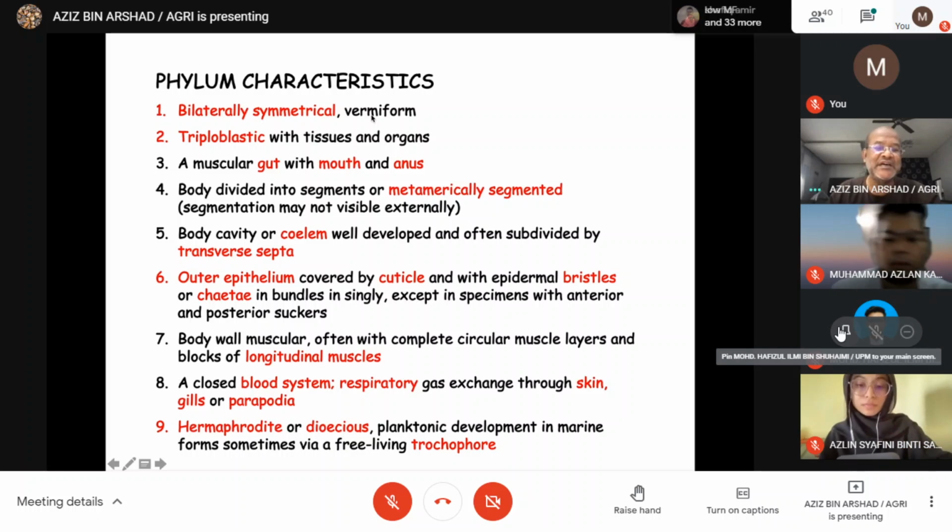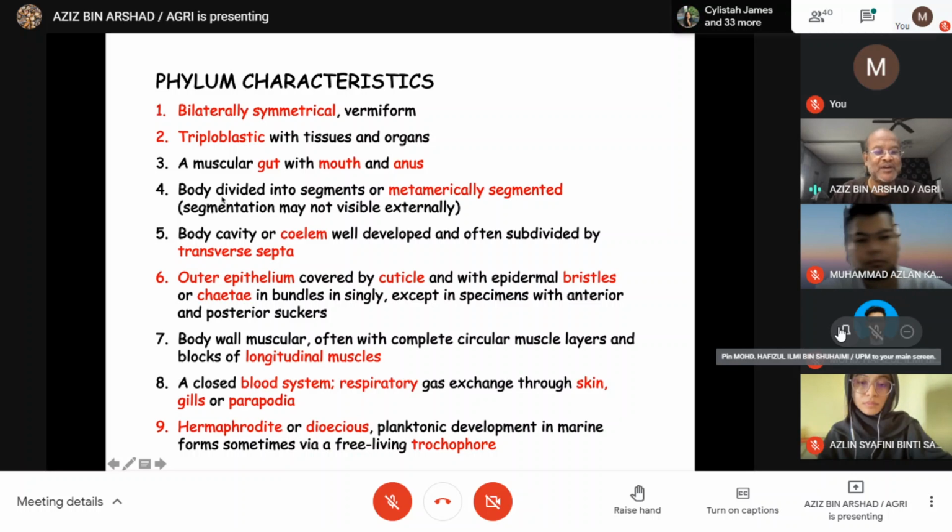Vermi means worm, worm form. So all are shaped like a worm in terms of body. The body wall is triploblastic. They are made out of 3 layers of body wall with tissue and organ quite well developed. A gut with the mouth and anus, anterior mouth ending with the posterior anus.